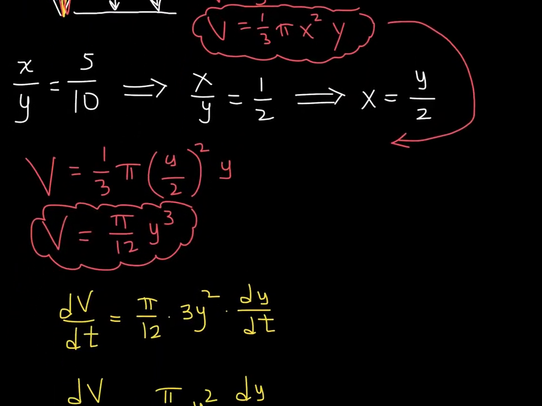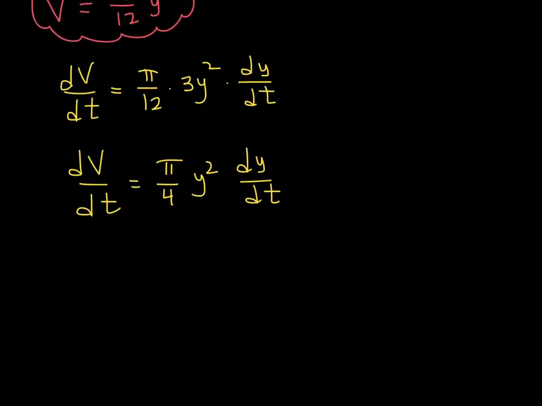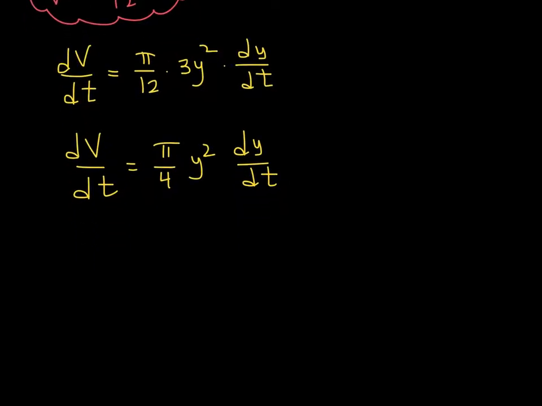So we can plug that value in, and we have 9 is equal to pi over 4. Now, they want to know the rate at which the depth of the water or the water level is rising when the water is 6 feet deep. And remember, that's what y represents. So I'm going to plug in 6 for y.